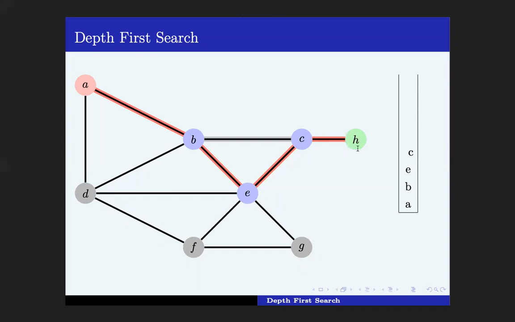And that means I am done with H in some sense, that I am not going to revisit H again. At that time, look at the stack. Surprisingly, the stack automatically contains the parent of H. The topmost element is always the parent of the last one that we have found.